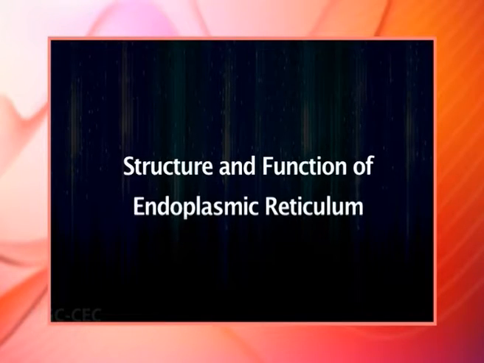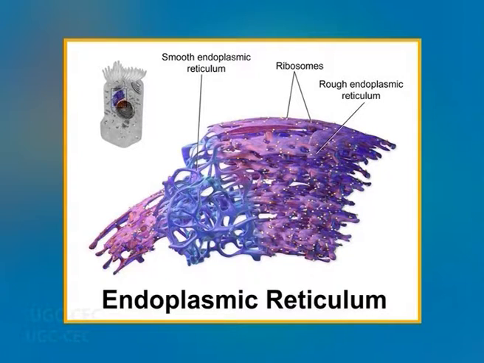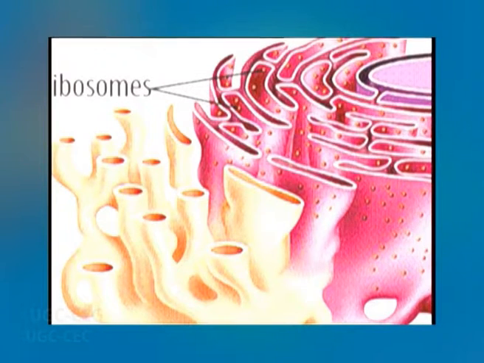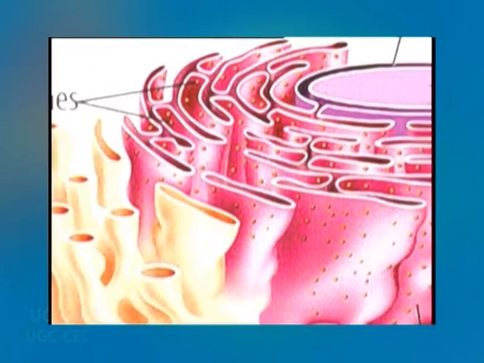After Golgi apparatus, we will briefly talk about structure and function of endoplasmic reticulum. Endoplasmic reticulum is an interconnected network of membrane vesicles or small containers used by cells to transport or hold materials. The surface of the ER is basically a workspace for the cell.